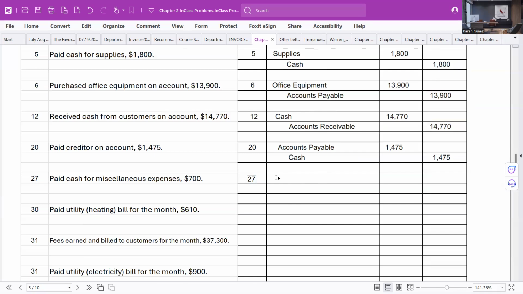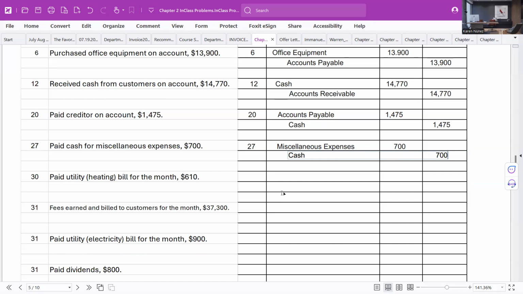The way you decrease an equity account is by debiting it. So on the 27th, we have this miscellaneous expense. And the miscellaneous expenses are for 700. And we're paying in cash. Indent that credit. Credit the cash account for 700.